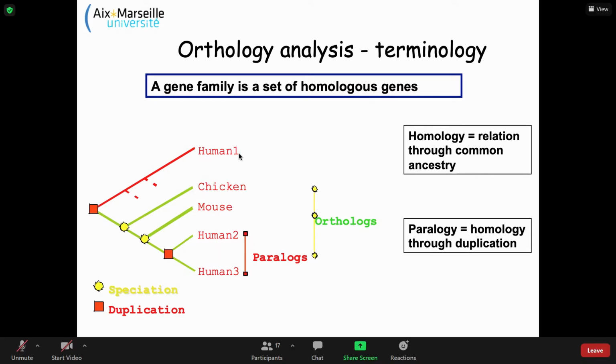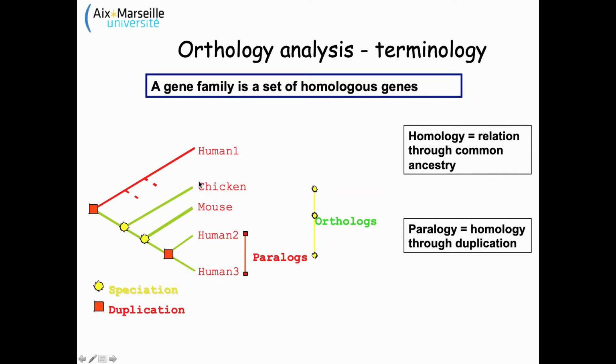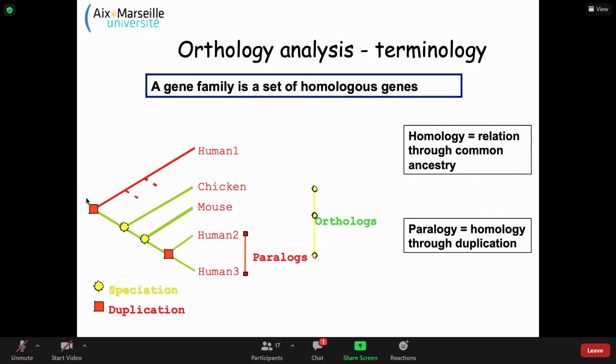So if you follow the mouse, I have human here, human 1. I have chicken here. If I'm looking for the common ancestor between both, it's on this point, and on this point, I have a duplication event.